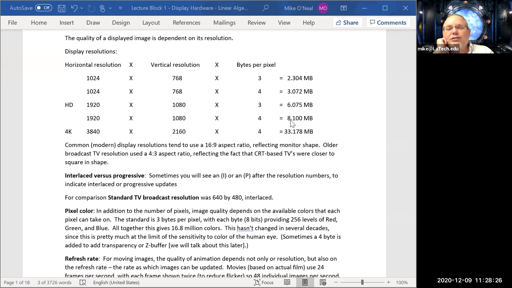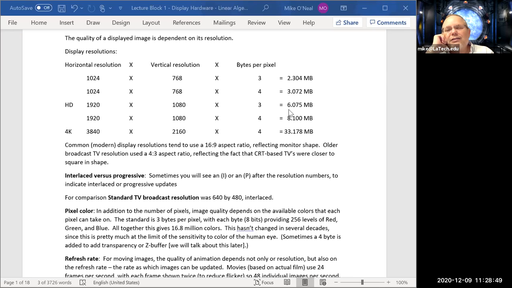No. So start thinking about that. I want an HD image. It's going to take me 6 megabytes worth of memory to hold that image. Or if you're generating an image, you have to generate 6 megabytes of data for one image. Now multiply that by 30, right?